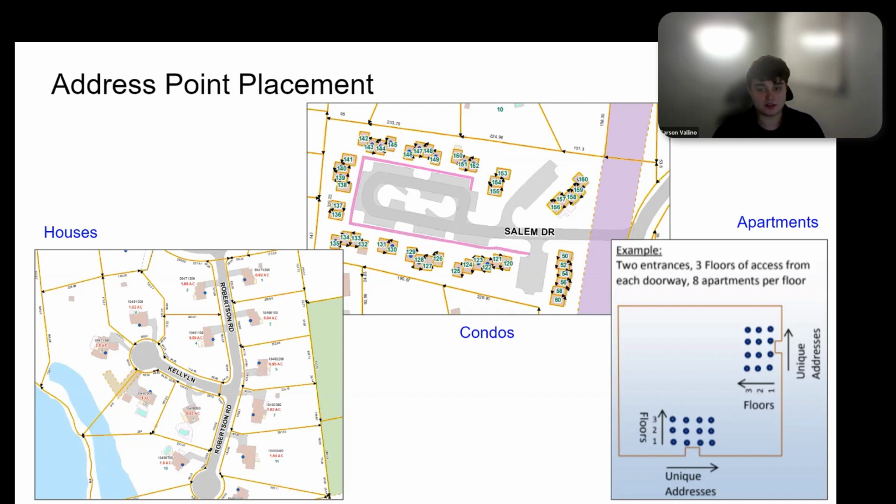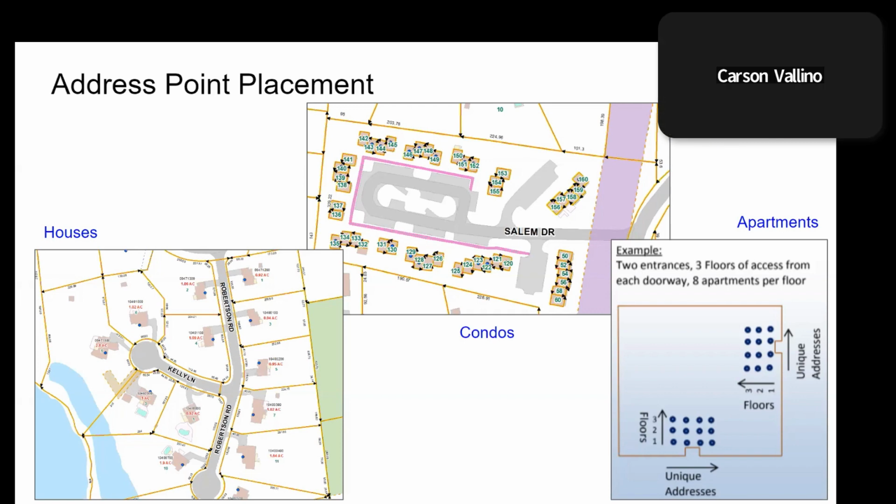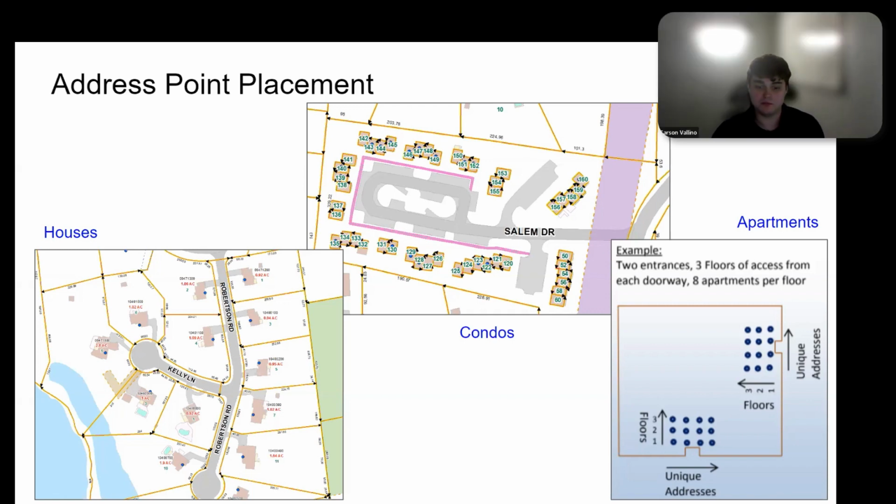On the bottom right, you can see that. You have a floor of 8 apartments per floor, shown left to right as your unique addresses, and then up is the number of floors. So there are a lot of different ways that you can format address points to meet your specific use case needs.